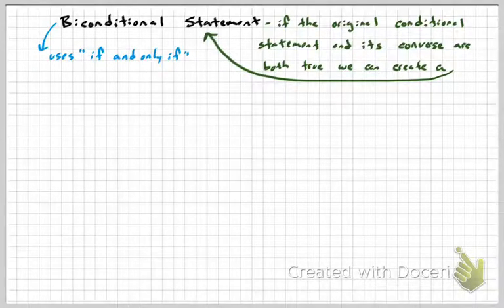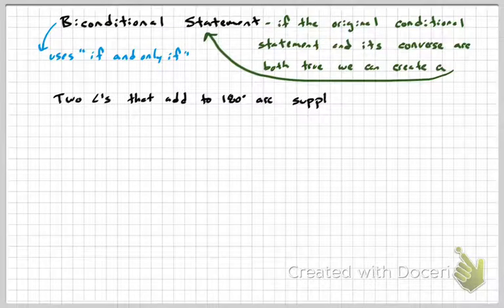And the way that we create a biconditional statement is we use the term if and only if. So again, one more time, back to the angles being supplementary. So two angles that add to 180 are supplementary. So let's go ahead and write an original conditional statement. Well, that's my hypothesis. That's my conclusion.